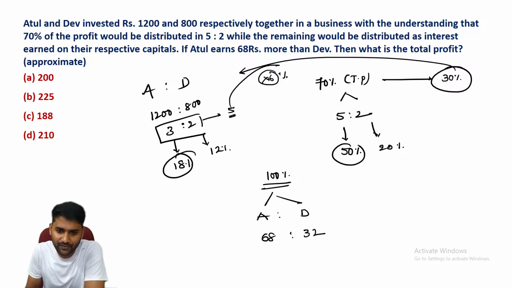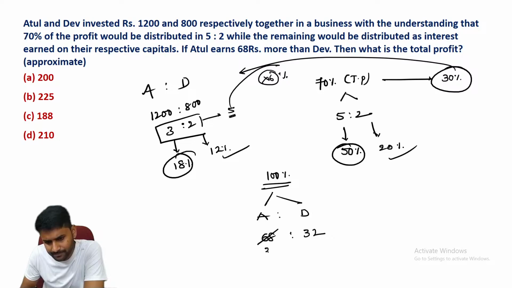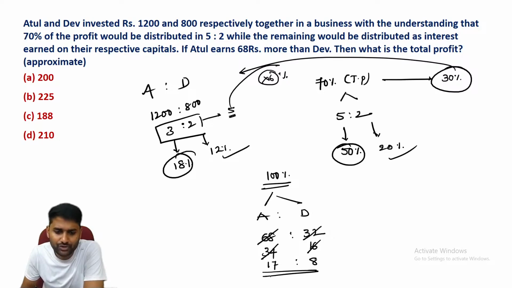So 18 plus 50, 12 plus 20. See, after the calculation, 34 times, 17 times, and 8 times. So the profit we are going to divide is in the ratio of 17 is to 8.